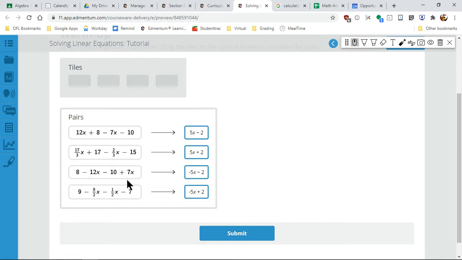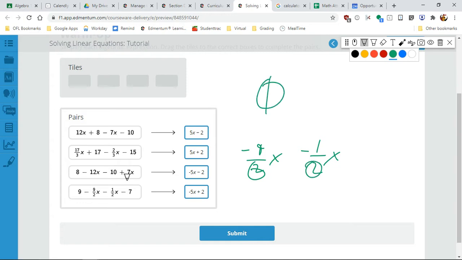This one does have a little bit of work, so I kind of did want to get into that one. So it's negative 9 over 2x and negative 1 over 2x. These are the same, so they're both the halves. If we take away 1 half from 9 halves, we have 8 halves. And 8 halves, again, we're taking it away.